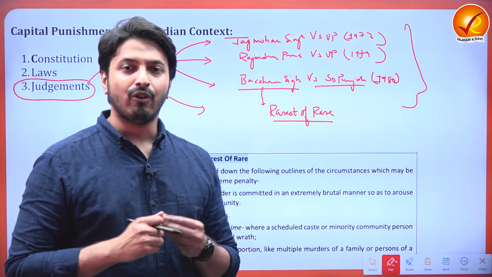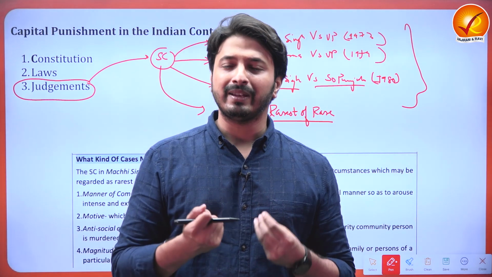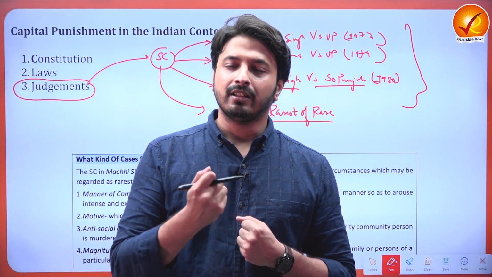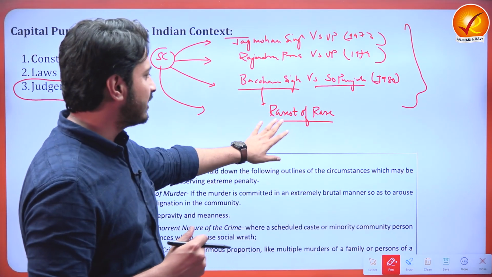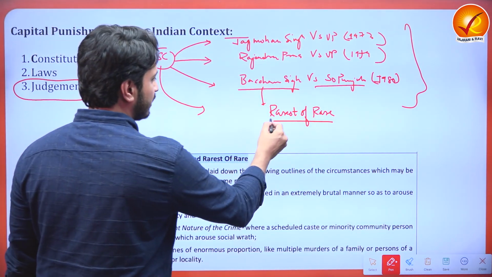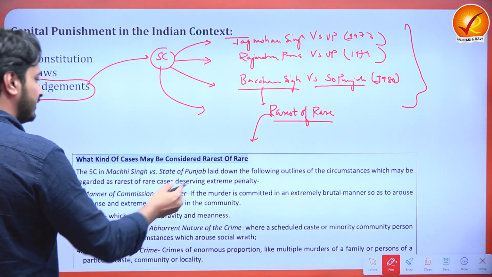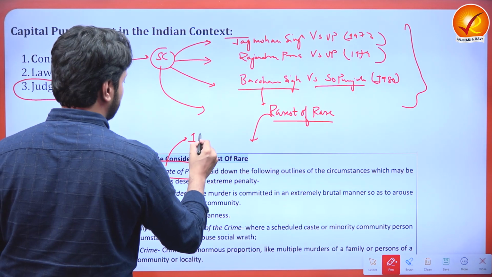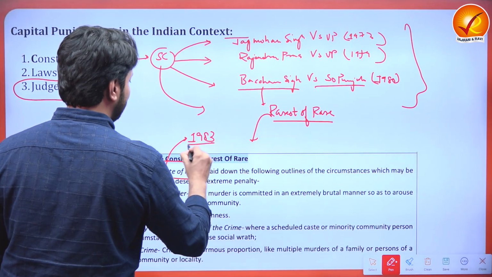However the crime has been committed, a convict has to be given capital punishment only in the rarest of rare cases. The Supreme Court elaborated this doctrine in the case of Machhi Singh versus State of Punjab, which happened in the year 1983.